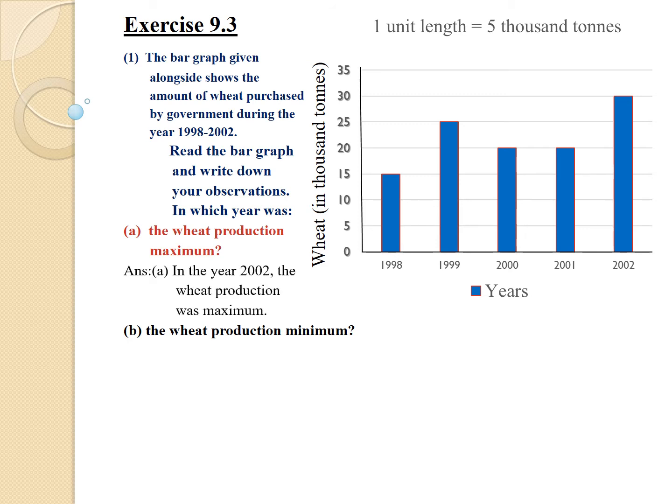Now, question B. The wheat production minimum. By observing the bar graph, it is clear that bar of 1998 is the shortest. Therefore, in the year 1998, the wheat production was minimum.